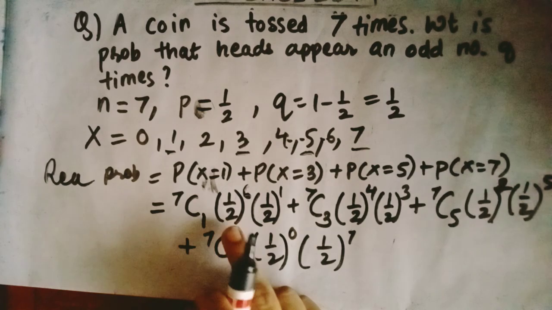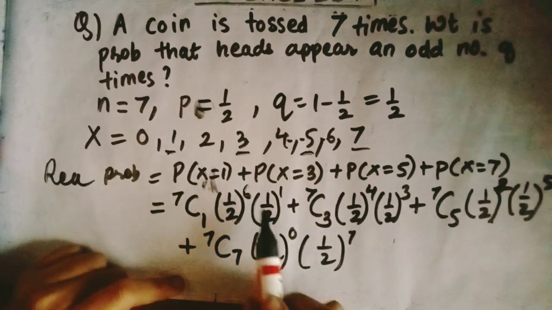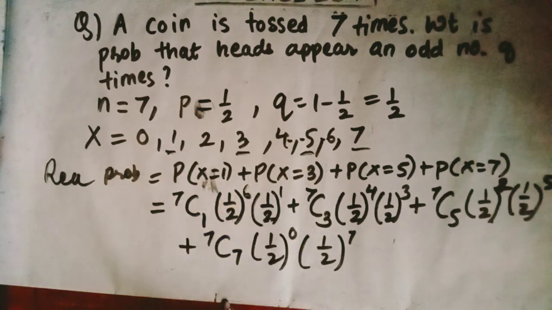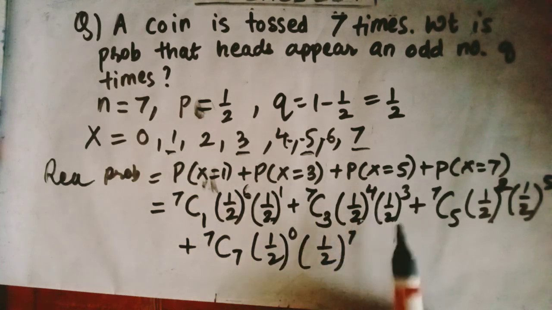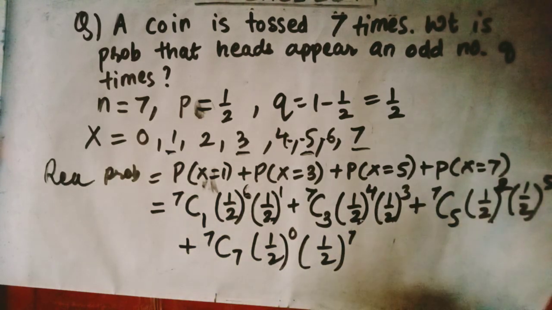Now if you see here, this will be half raised to 6, half raised to 1 is half raised to 7, here also half raised to 7.